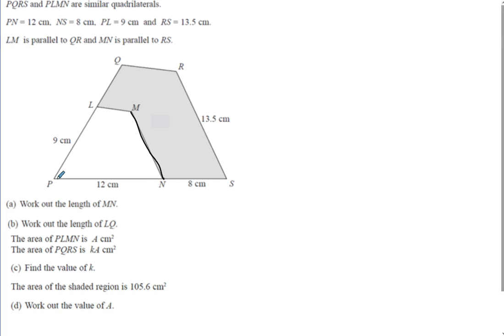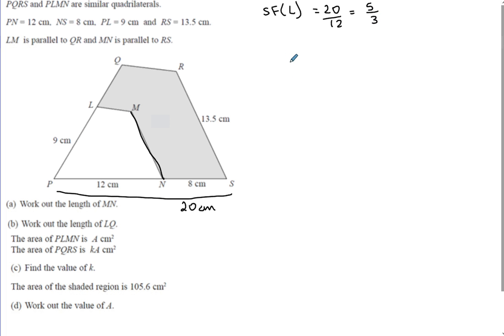You can tell that's 12, but then of the bigger one, it would be 12 plus 8, so that's 20 centimeters. So your scale factor of your length is 20 divided by 12, which is 5/3. I'll just leave it like that for the moment.